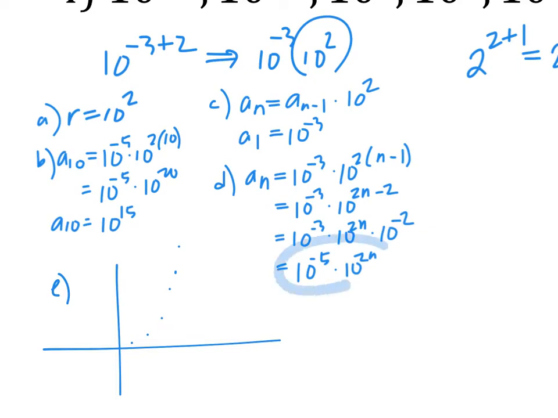And you can see it from the function that something to the something, where that variable is in the exponent, means it's an exponential graph. When it's an exponential graph, it always has an exponential shape. Okay, so this is how the graph will always look for all the geometric series.